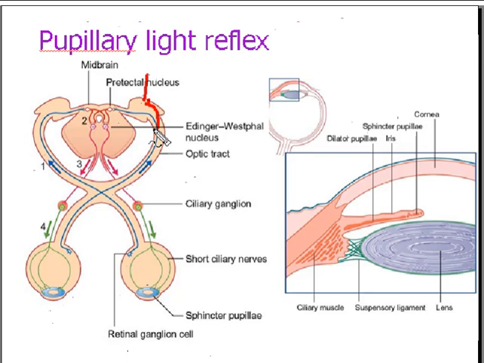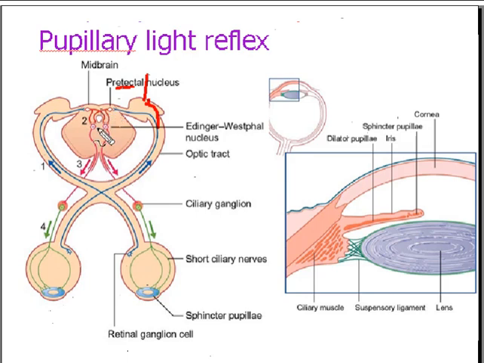So these 10% of the fibers go and synapse in a nucleus which is present in the midbrain called the pretectal nucleus, and it lies in front of the superior colliculus, anterior to it. From each pretectal nucleus, fibers go to the parasympathetic nuclei of both sides.